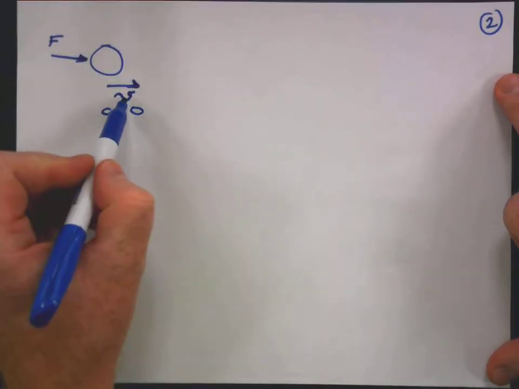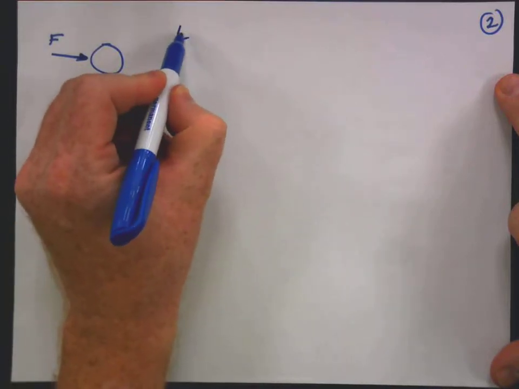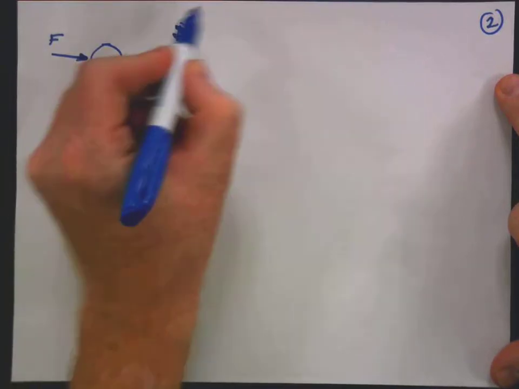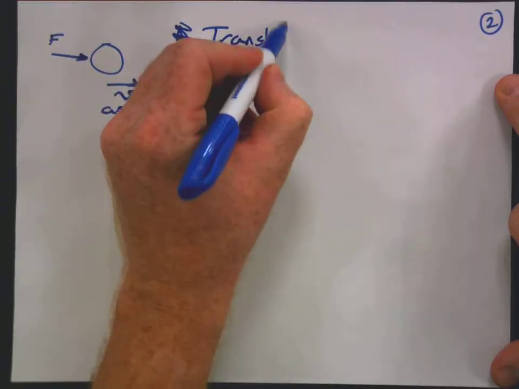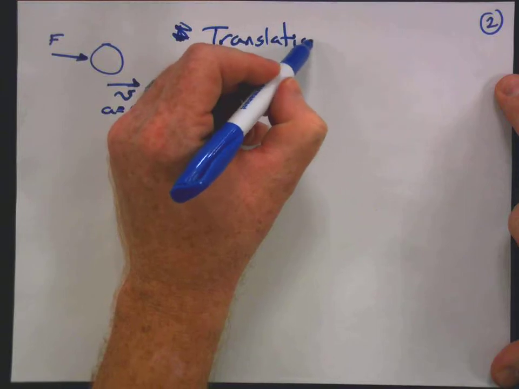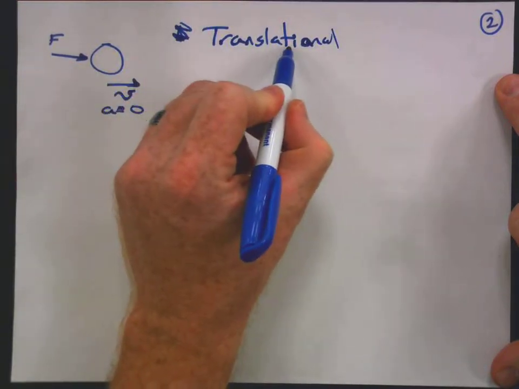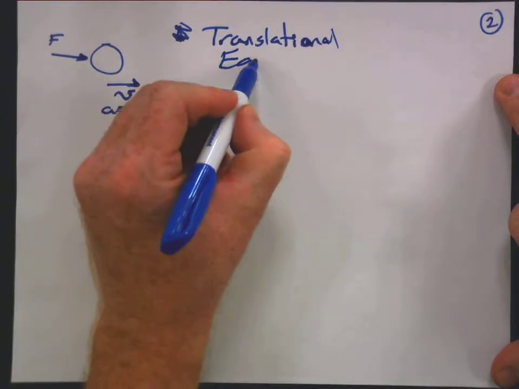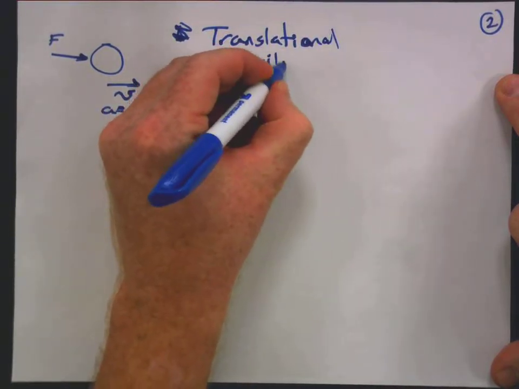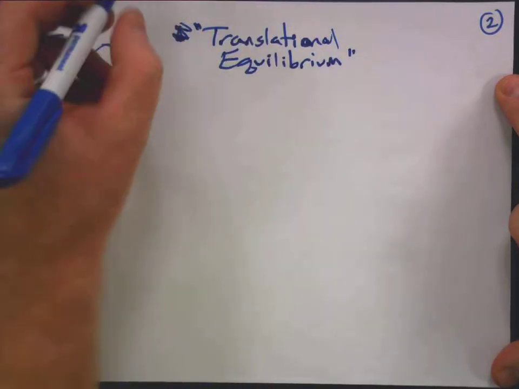This is a situation where you have constant velocity, same speed and same direction. This is an example of what's called translational equilibrium. It's a word that might come up.